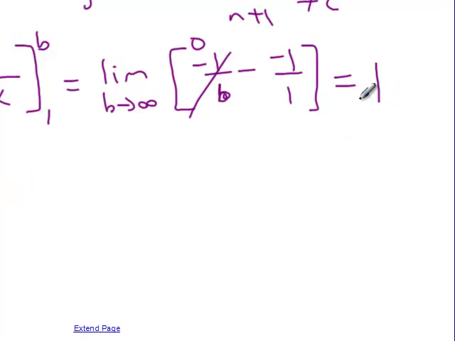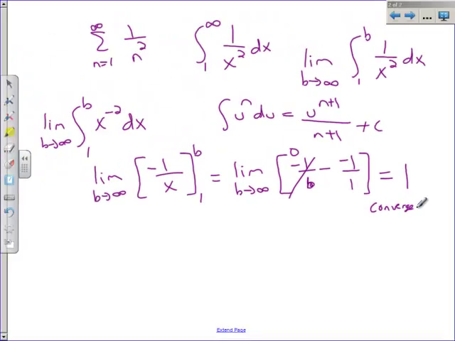That's the area under the curve of 1 over x squared from 1 to infinity; it approaches 1. Now, since that is a finite number, the integral converges. That means that our series also converges. And so this integral worked out to be 1.